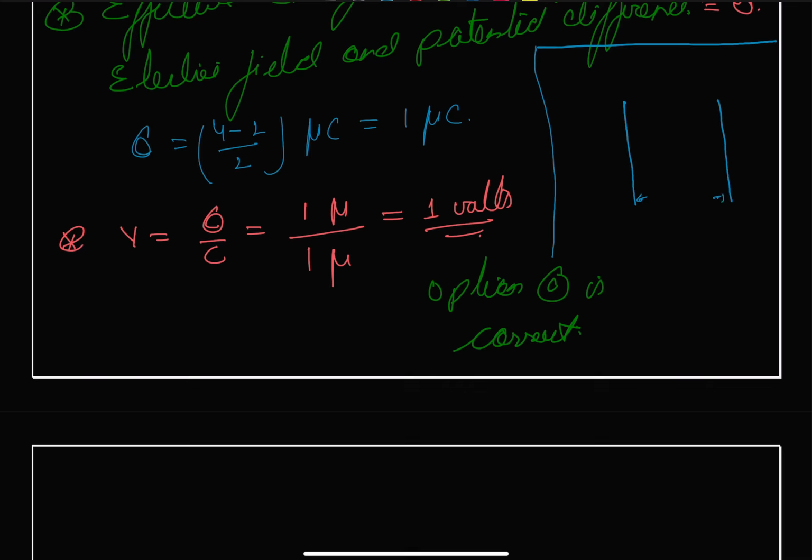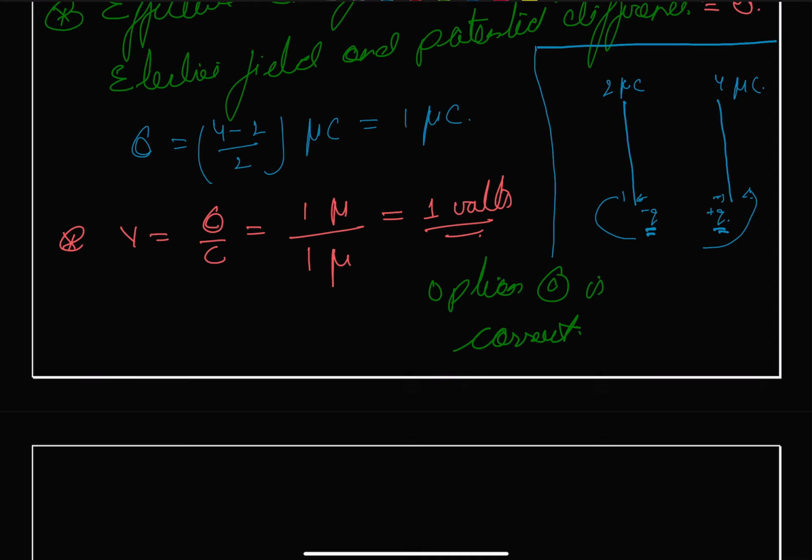So if on the left side there is a charge of minus Q, then on the right inner side it has to be plus Q, and the remaining charge will be redistributed on the external side. We are given 2 microcoulomb and 4 microcoulomb. From the inner side, the charges have to be equal and opposite because of the induction process, and the rest of the charge will be redistributed on the outside.